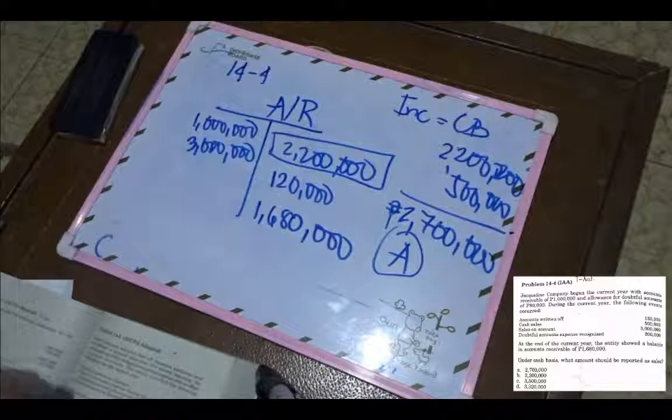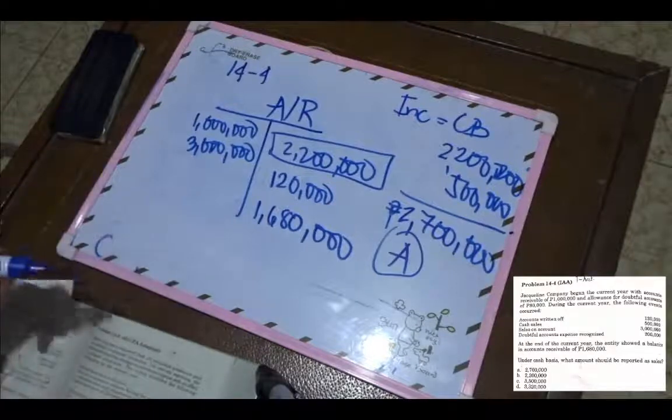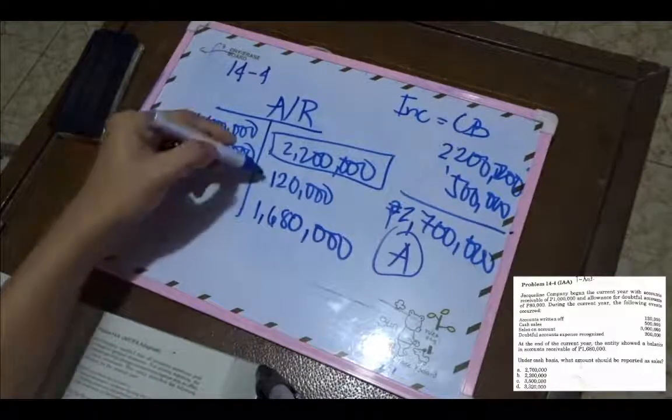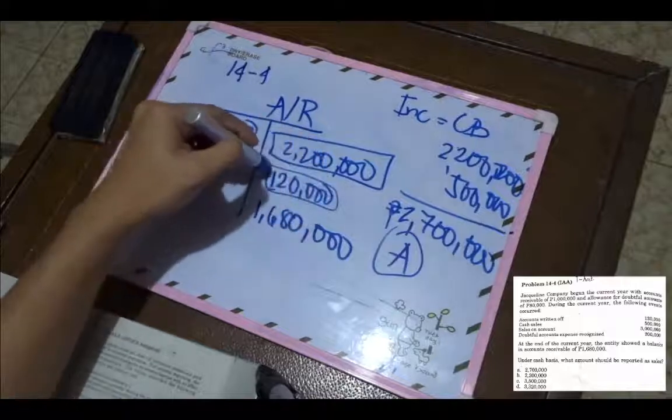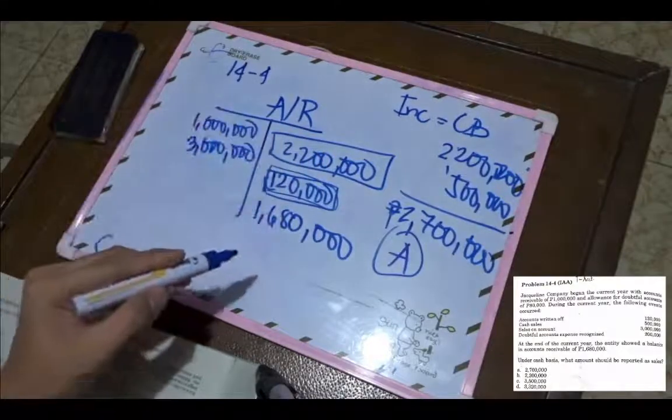So if you'll notice, you have there given the beginning balance for allowance for doubtful accounts. Now, normally you will not need the T account for allowance for doubtful accounts because you already have the information regarding accounts written off.